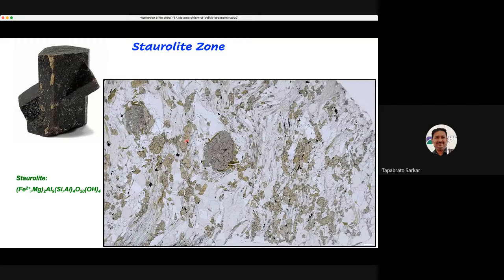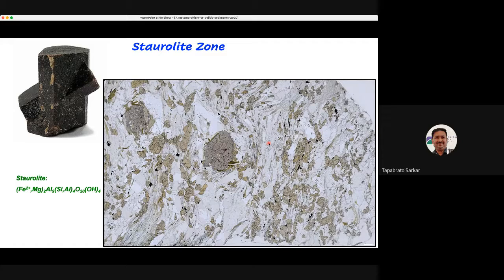So this is a garnet staurolite biotite schist. Obviously, different textures can occur, but this is commonly how a garnet staurolite schist or a staurolite garnet schist looks.